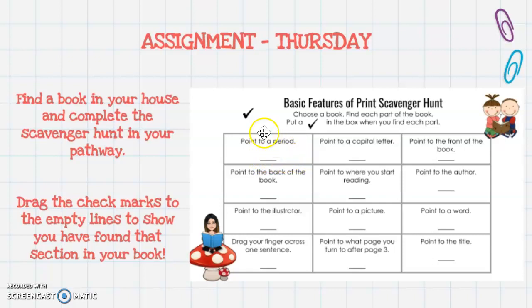When you find a period, you're going to drag your check mark to that empty line. Then you're going to keep going. Point to a capital letter. You're going to point with your parent to a capital letter in the text. Once you do that, drag a check mark over to the empty line. You will go through this whole chart, and the goal is to have a check mark in every single box.